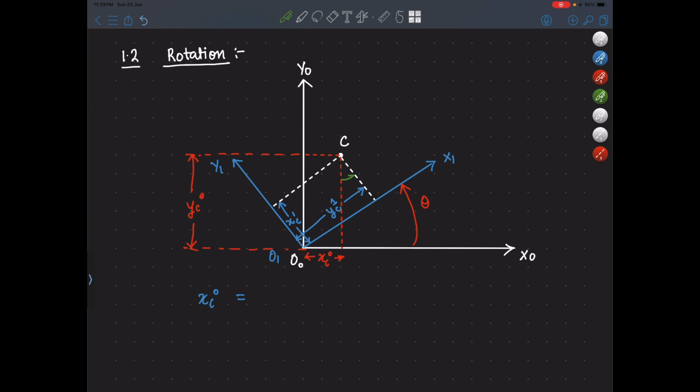What is this angle? Because this is 90, this is 90, this is theta, this is 90 minus theta. So this is 90 minus theta, which means this angle is theta. So this is theta. All right.